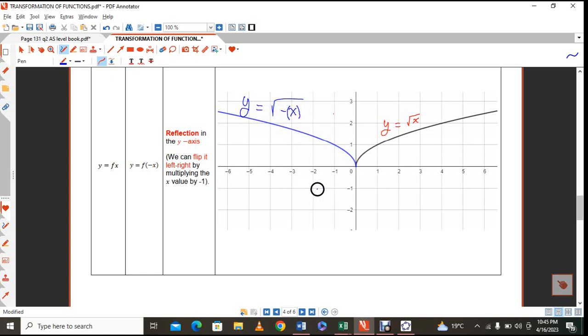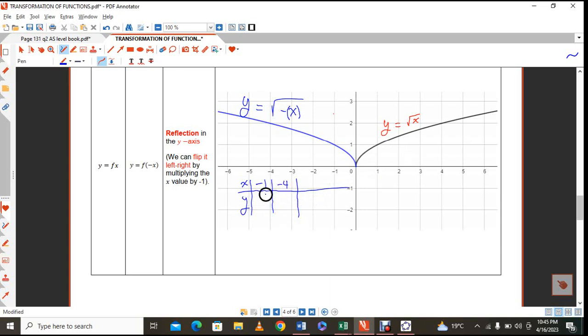So if you have a table of values, I'm going to say y here and x here. So if x is -1, if x is let's say -4, for example, what would be the output?